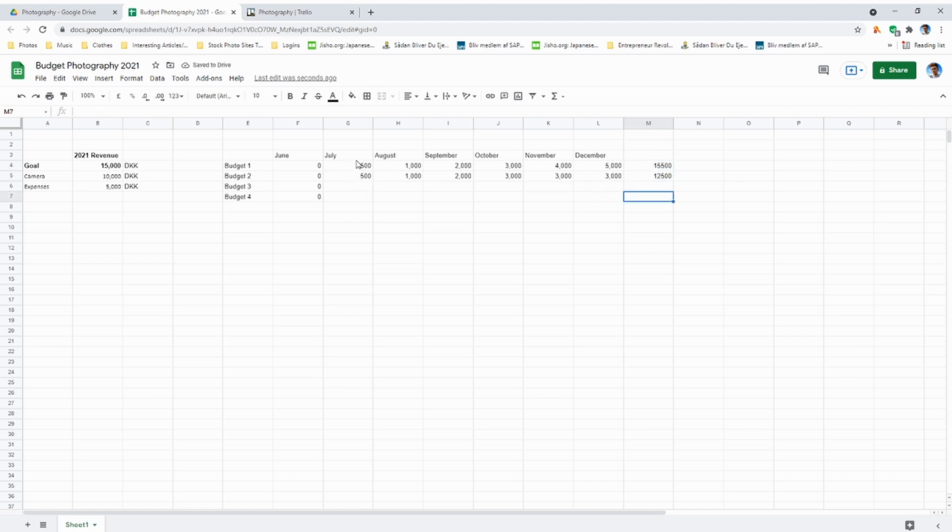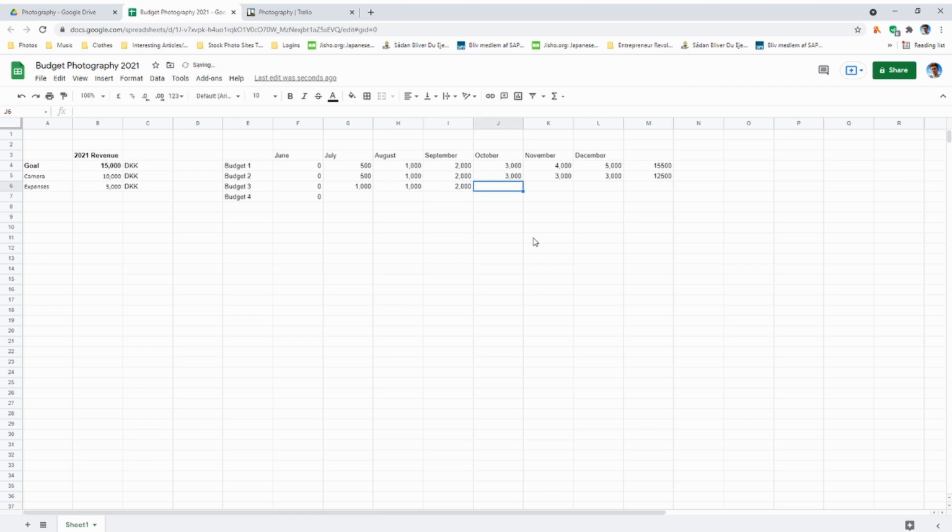We're going to say, okay, we'll start slow and then we'll increase, and then we're just going to hit a plateau. That's probably a bit more realistic, but of course it doesn't get us quite up to that 15,000. But it's also very acceptable. If we do this, we have to keep our expenses down below 2,500 kroner.